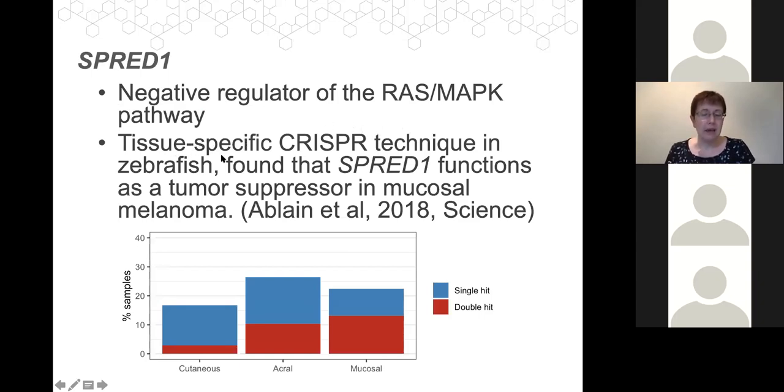A couple of years ago, there was a publication in Science where they used a tissue-specific CRISPR technique in zebrafish, and they found that SPRED1 functions as a tumor suppressor in mucosal melanoma. If we look at SPRED1 mutations in the various subtypes, where blue is a single hit and red is double hit, meaning both alleles are affected, we see that the acrals and mucosals have a high percentage of samples with SPRED1 mutations, in particular the double hits.